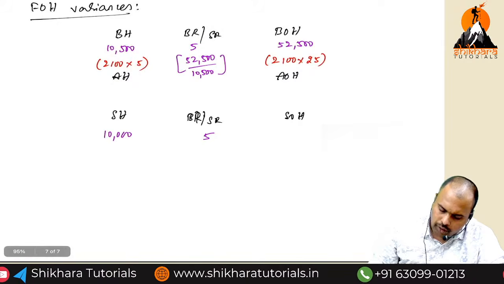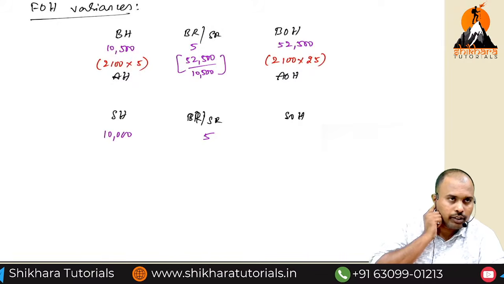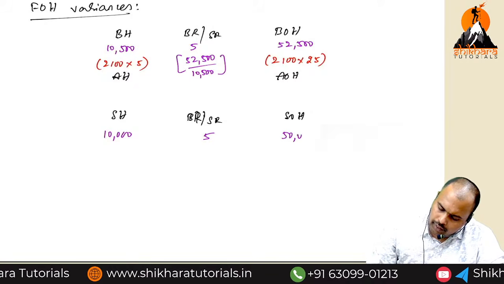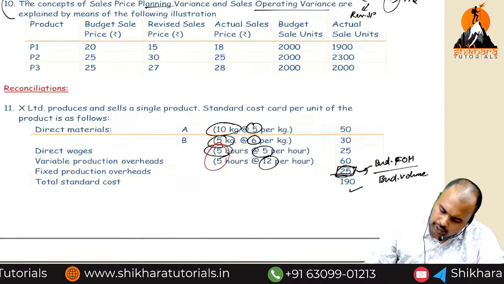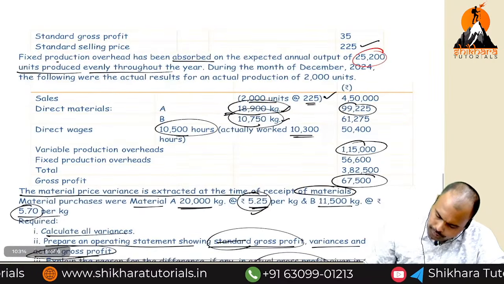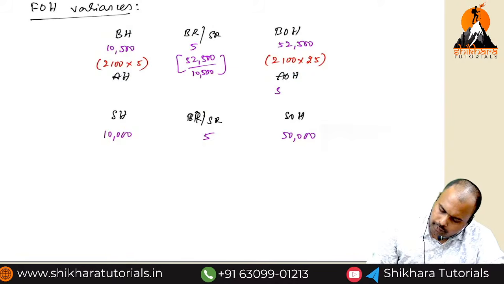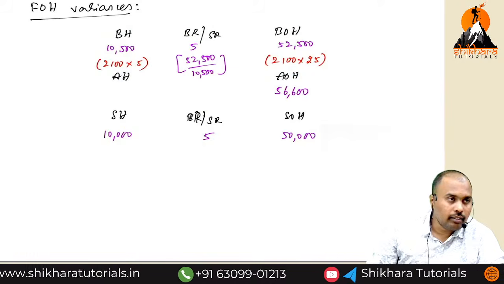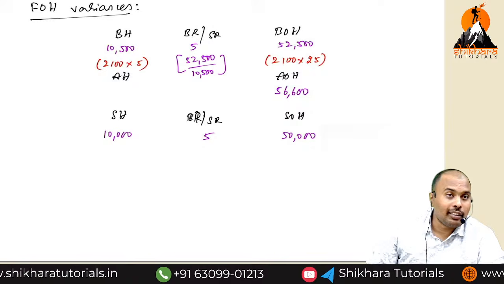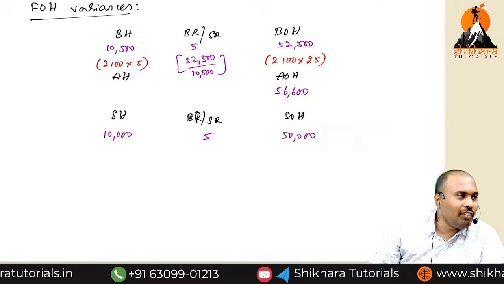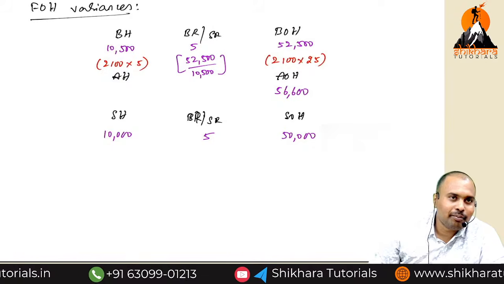That's nothing but 2,000 for actual production. 2,000 into 5. Now SOH is 50,000 and AOH is actual fixed overhead 56,600. Clear? So fixed overhead is the one which we can do very fast. Easiest variances are fixed overhead variances only.